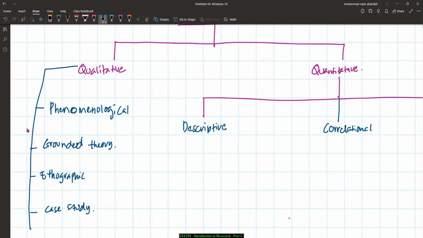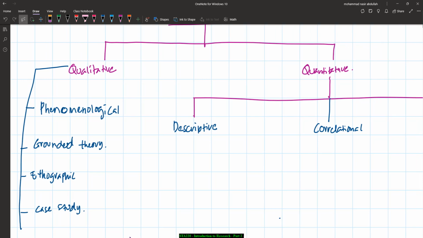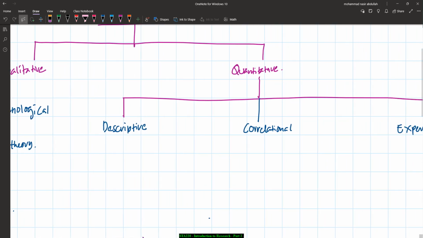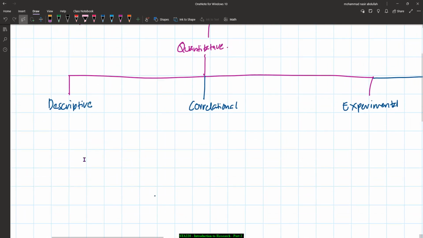So all of these are classified under qualitative research design. But since our interest is based on quantitative research design, I will discuss more on quantitative research design.